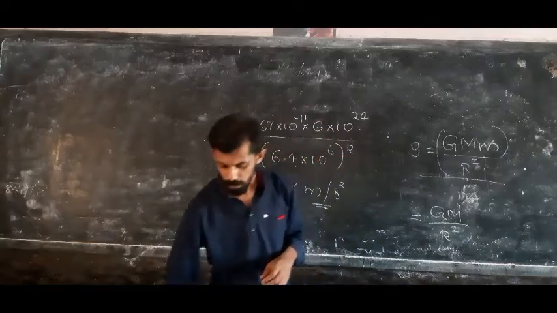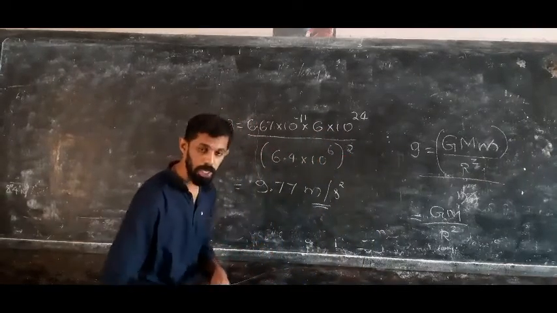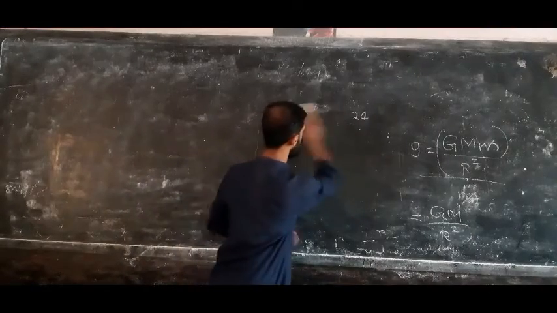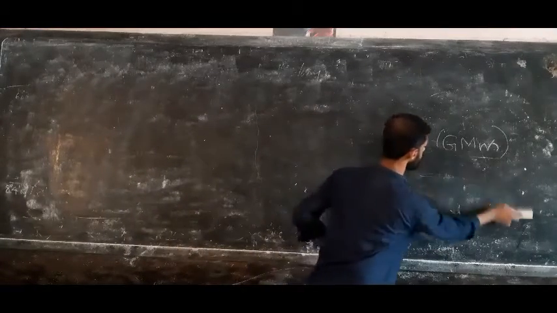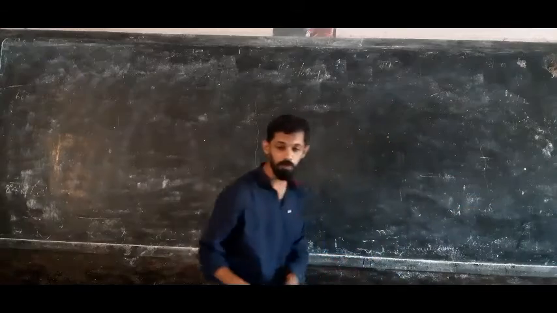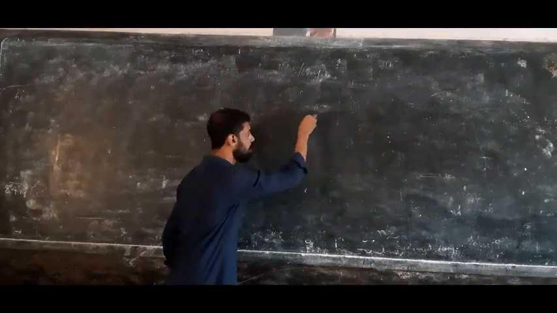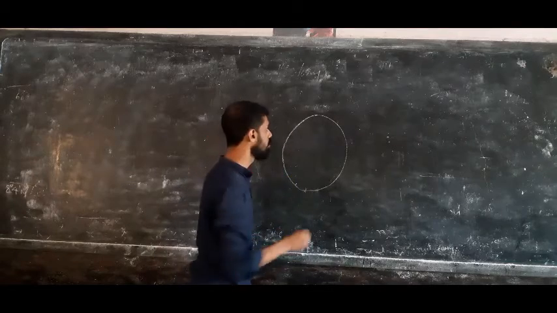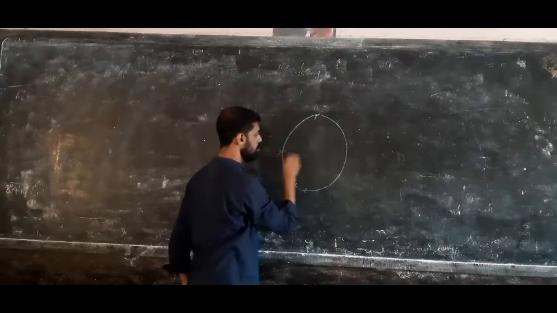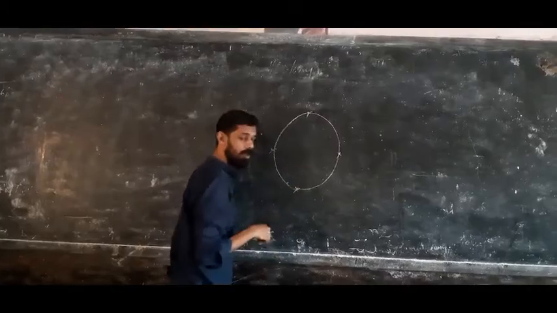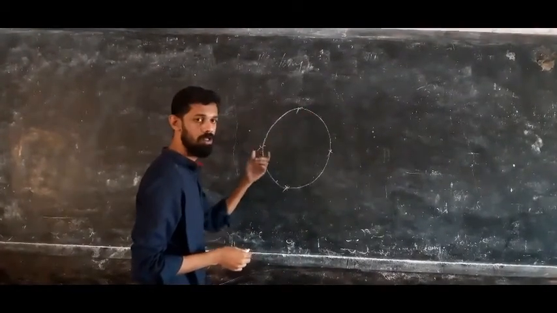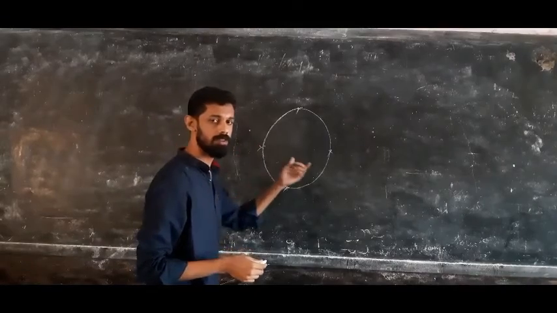So, we know the shape of the Earth. The shape of the Earth is somewhat similar to a sphere. These 4 areas we will call the poles: north pole, west pole, east, south.